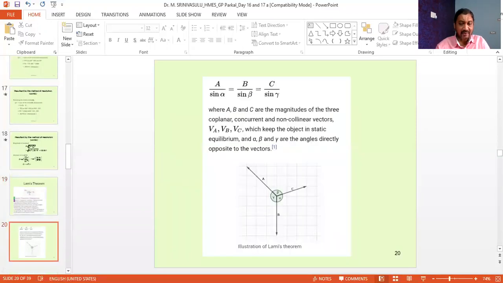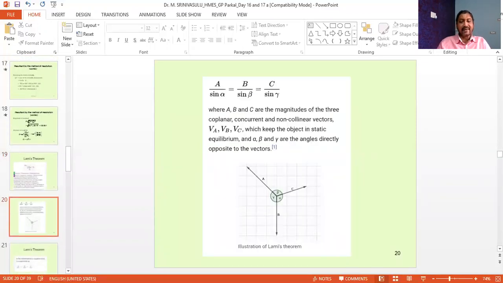And ultimately, if we take a constant, this is nothing but A by sin alpha is equal to some constant, and B by sin beta is equal to a constant, and C by sin gamma is also equal to a constant. So those constants are equal. Therefore A by sin alpha is equal to B by sin beta is equal to C by sin gamma.